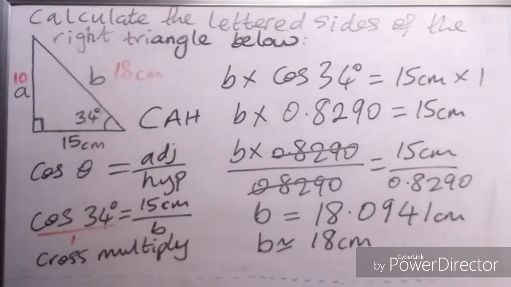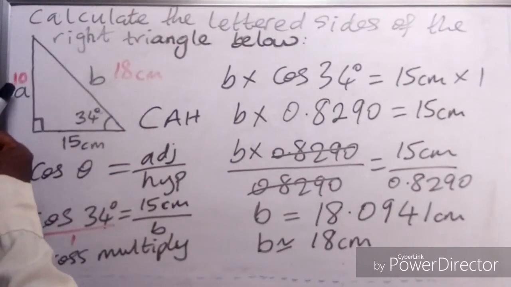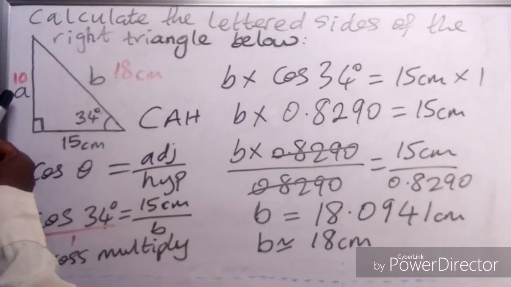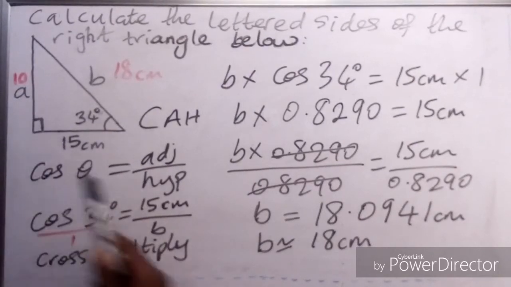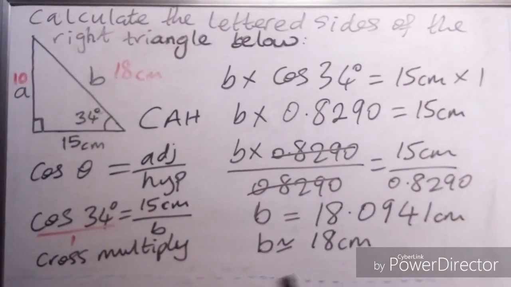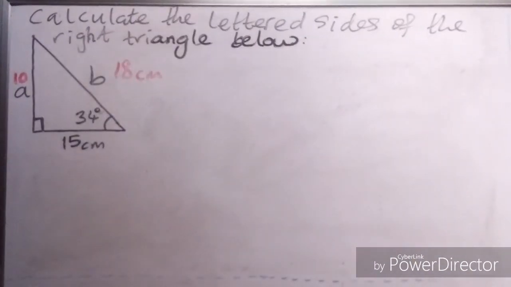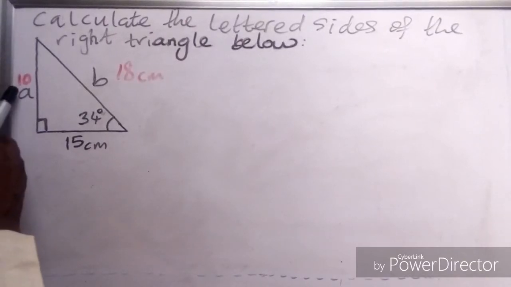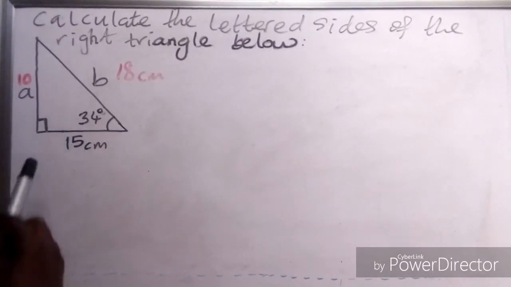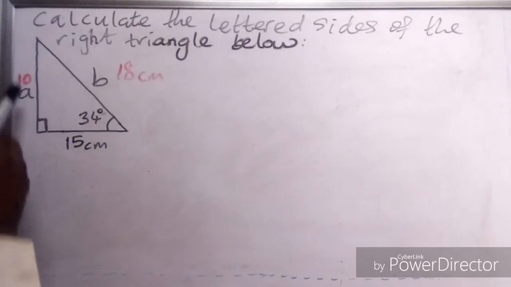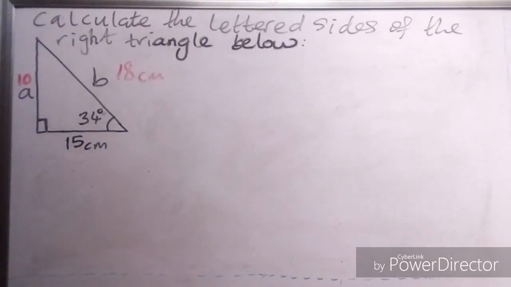Now let us calculate B again using the 10 centimeters that we got from our first calculation to see if we will arrive at 18 centimeters. Since we want to use the side A, which is 10 centimeters, and the angle 34, let's look at the relationship of these sides to the angle 34.